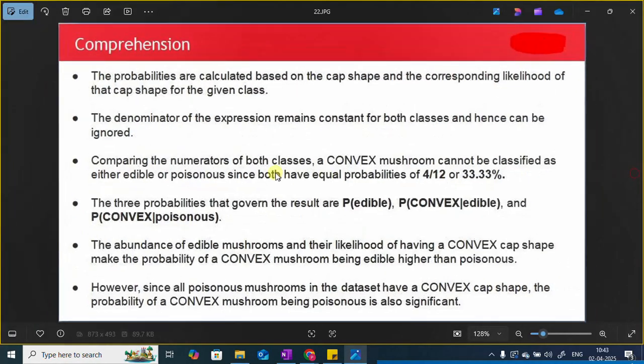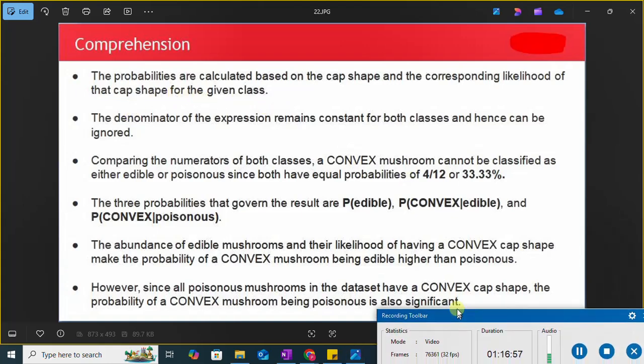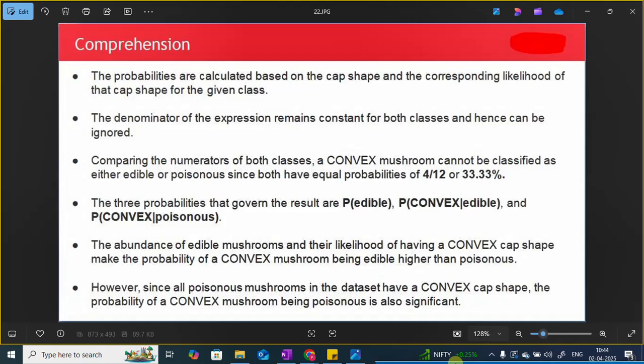Now, what is happening? The probabilities are calculated based upon the cap shape and the corresponding likelihood of that cap shape for the given classes. Clear, guys? So I'm trying to find out the value from that dataset. The denominator of the expression remains constant for both classes and hence can be ignored because both denominators are the same. So you only have to calculate the numerator part.